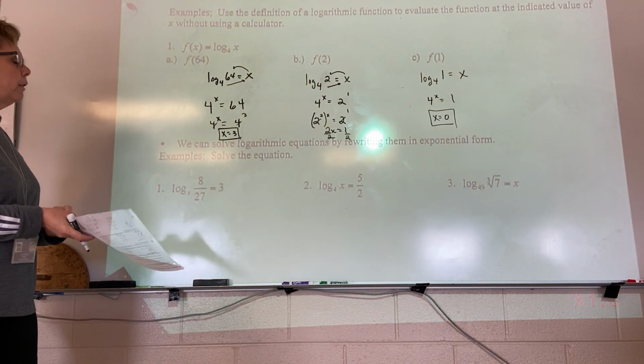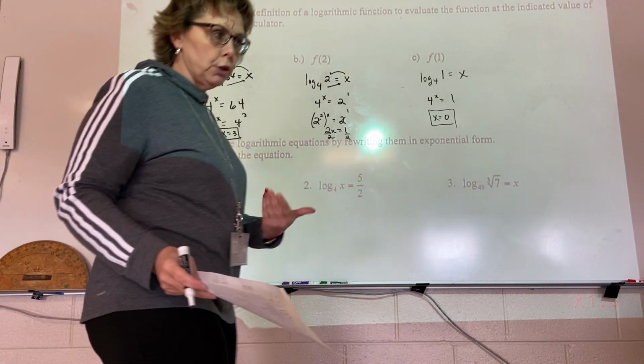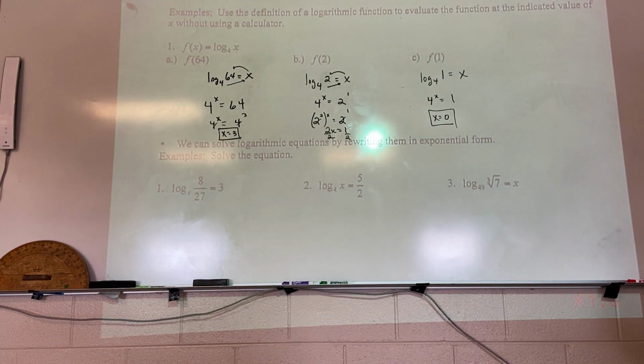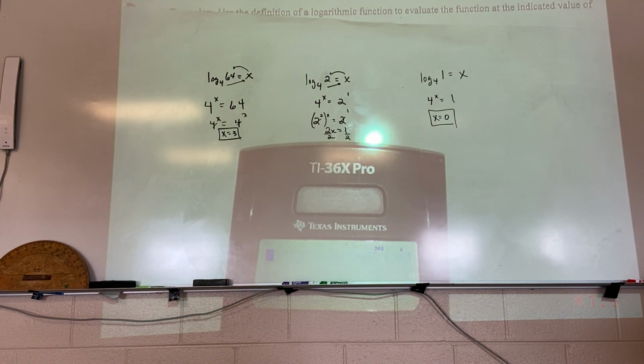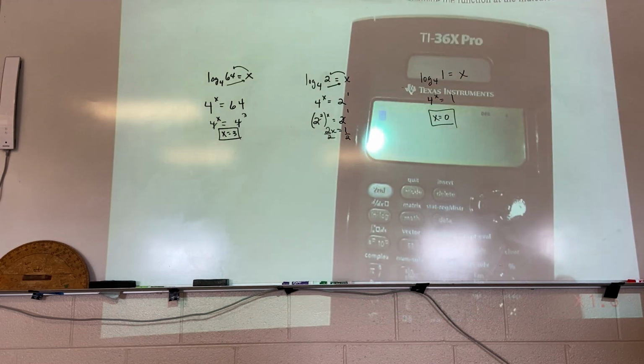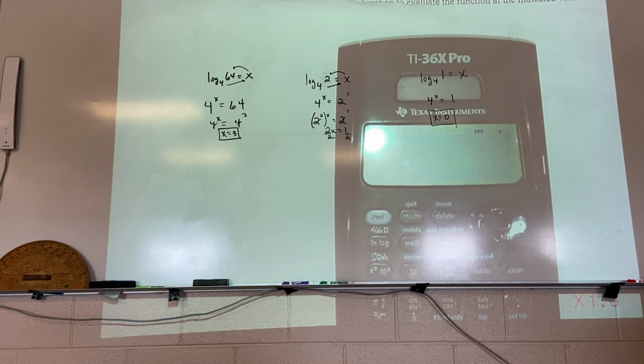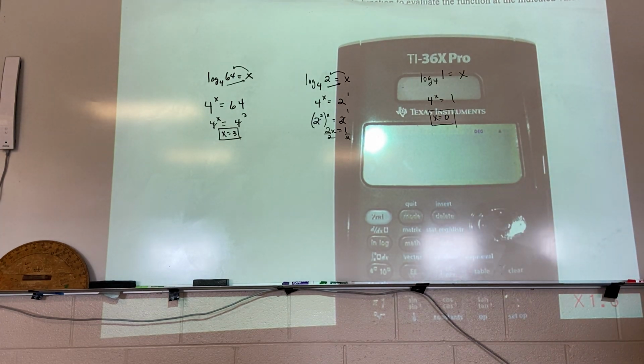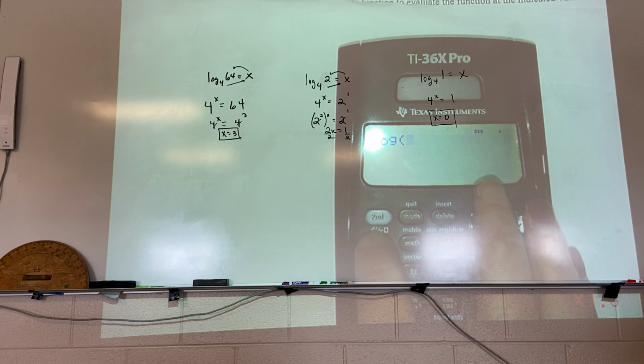Now, if you were wanting to check your answers in a calculator, this is how you would do it. With your calculator, you're going to go to the log key right here, and you're going to hit it 3 times. If you have a different calculator, I'm going to have to take a look at it and kind of guide you through it.